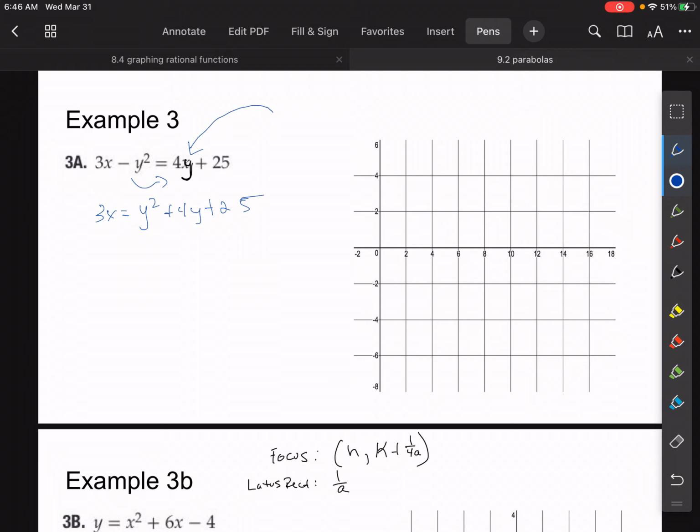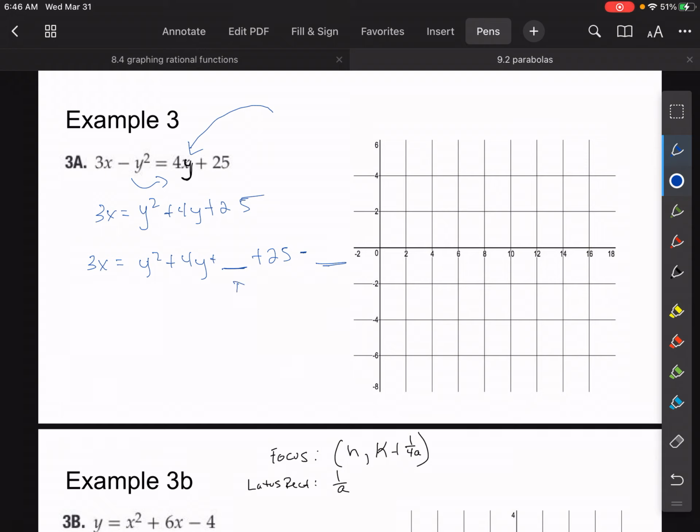Okay, what I want to do for this is complete the square and put this into vertex form. So I'm going to just keep this as 3x over here, and then I'm going to separate this out. So we have y squared plus 4y. We're going to put this plus 25 over here, and then we're going to put a minus something and a plus something here, so that we keep the equation balanced.